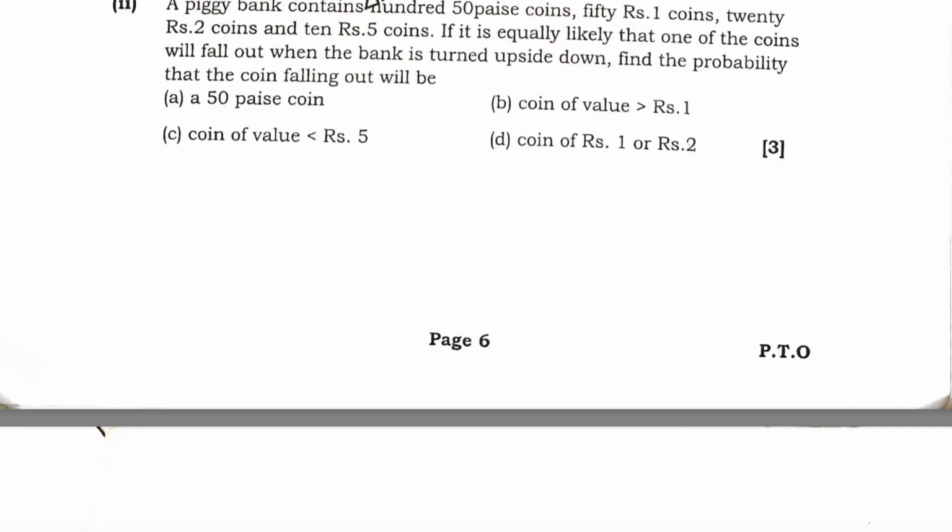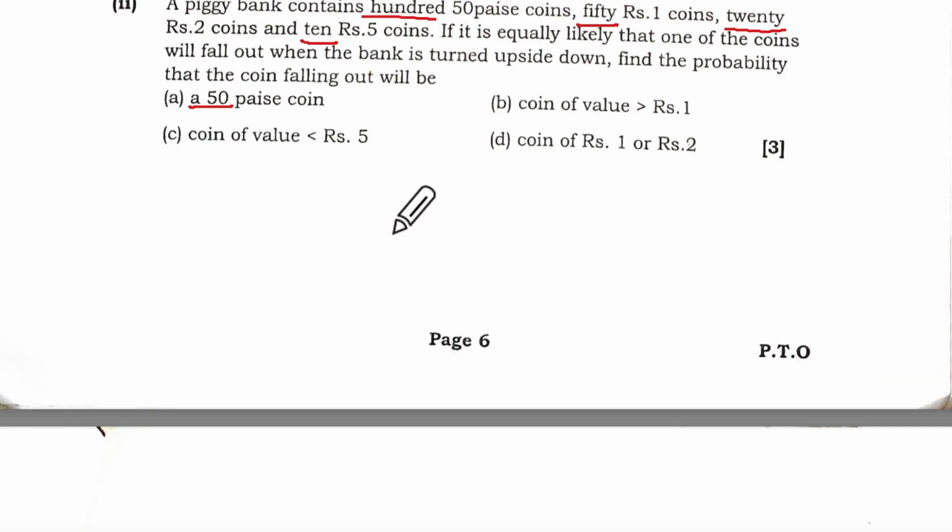Now look at this. A piggy bank contains 100 50 paise coins, 50 1 rupee coins, 20 2 rupee coins and 10 5 rupee coins. They are equally likely that one of the coins will fall out of the piggy bank turned upside down. Find the probability that it will be a 50 paise coin. So you have the number of coins already given. How many coins are there? 100 plus 50 plus 20 plus 10, correct? 180.